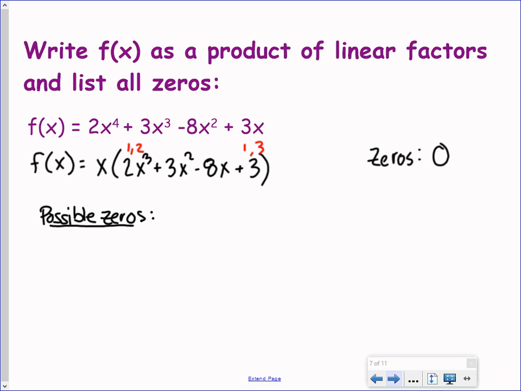We put the factors of the constant over the factors of the leading coefficient. So I would start my list with plus or minus, and then I would do 1 over 1, 3 over 1. That's just 1 and 3. And then to finish the list, I take 1 and 3 and put them over 2. So that would be 1/2 and 3/2.